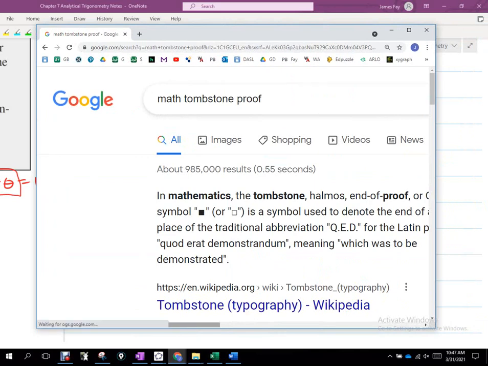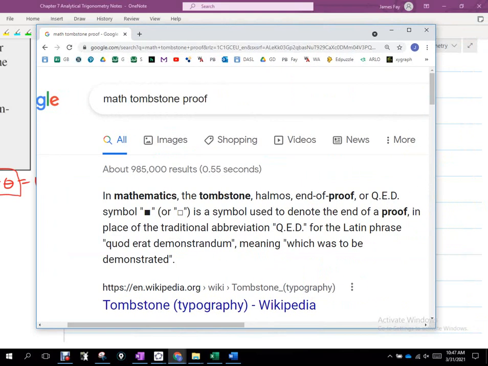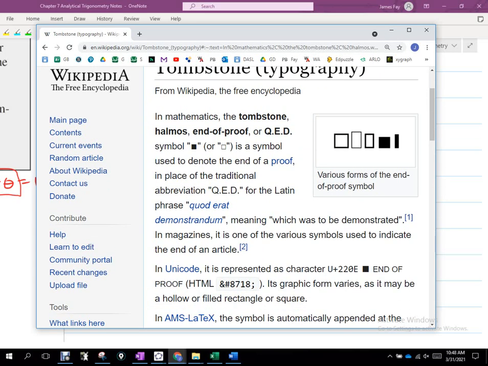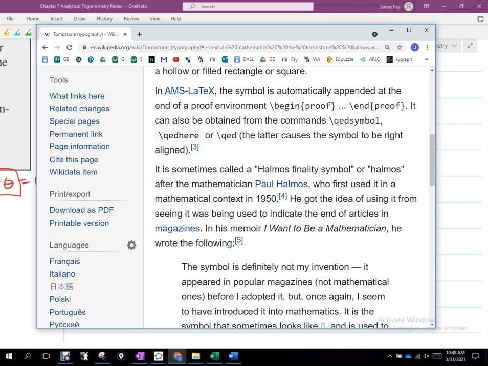That tombstone thing, sometimes called a halmos. That symbol right there, you might see at the end of a proof. It might be called halmos, I think maybe it's after a guy's name, like he started using it. The halmos finality symbol. Okay, sometimes called halmos's tombstone.